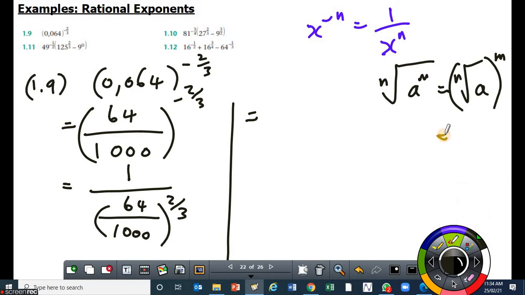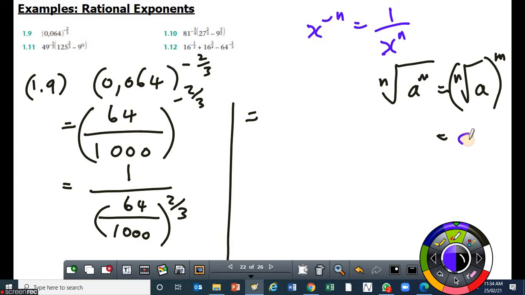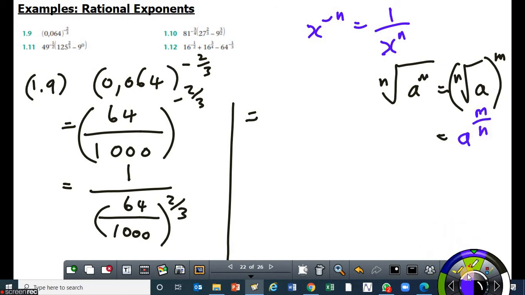And that's also equal to a raised to the power of m over n. So I can use that here.